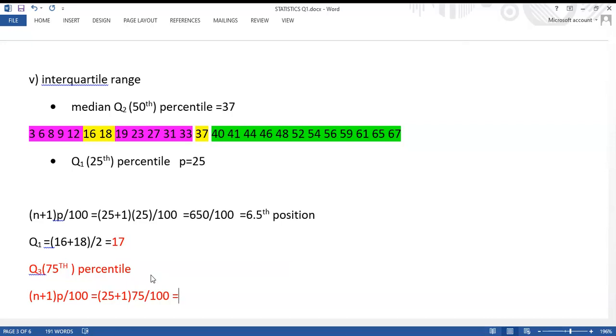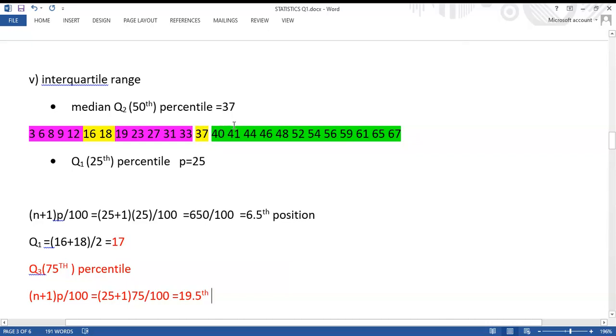26 times 75 is 1950, divided by 100. The 19.5th position. So you start again counting from here. Our middle was the 13th position, 37 was the 13th.